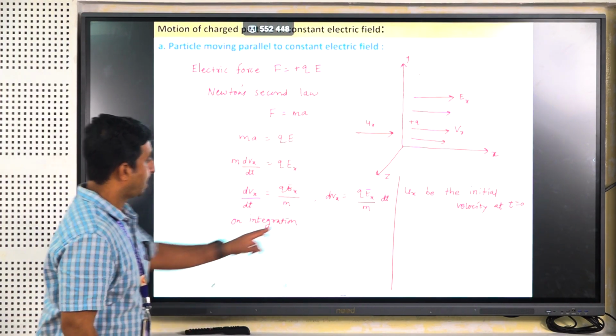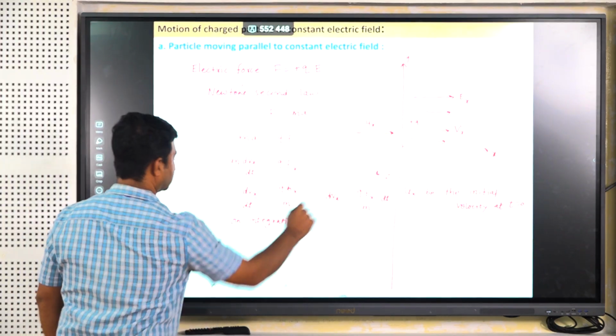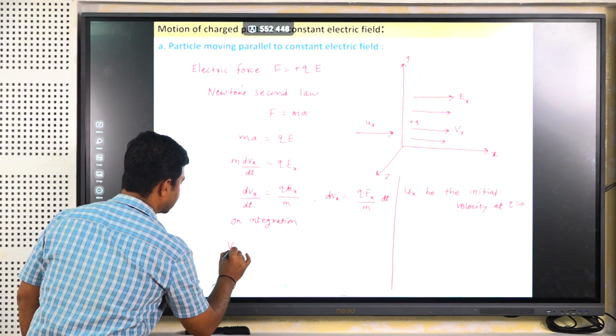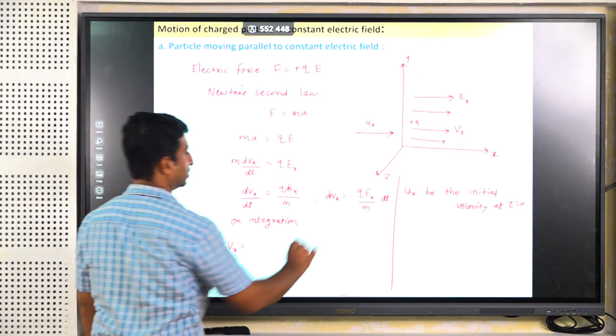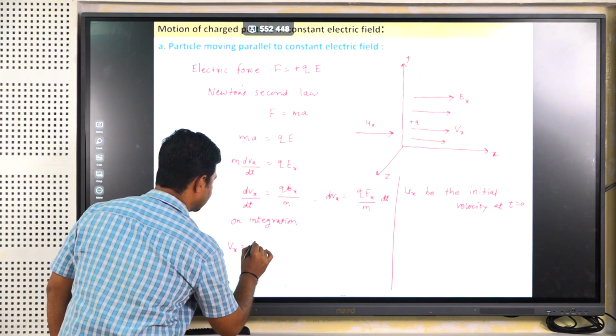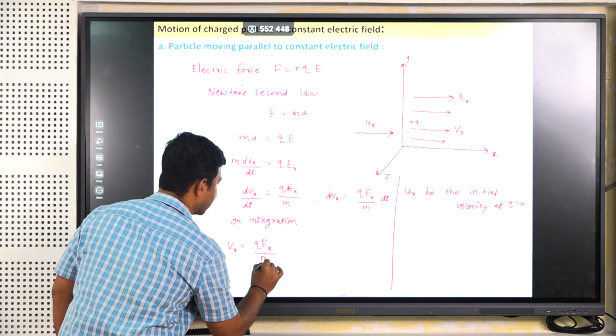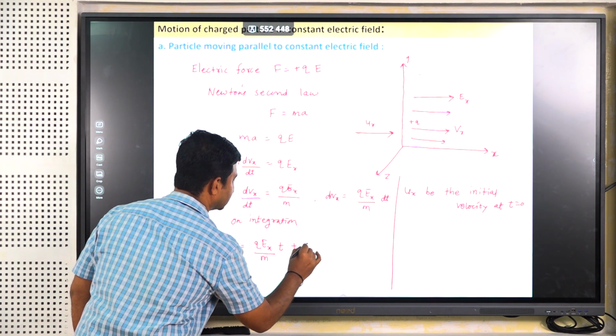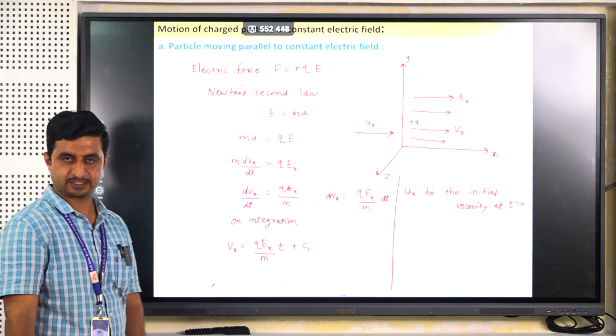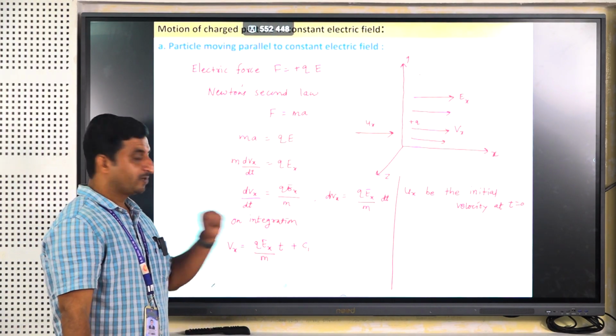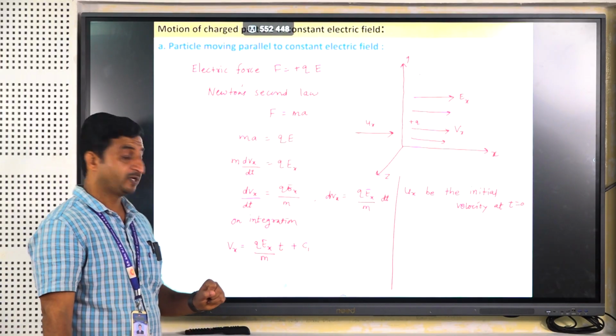After this integration, we get vx is equal to qEx upon m times t plus c1, where c1 is a constant of integration. So c1 is a constant of integration. How to find the constant of integration?